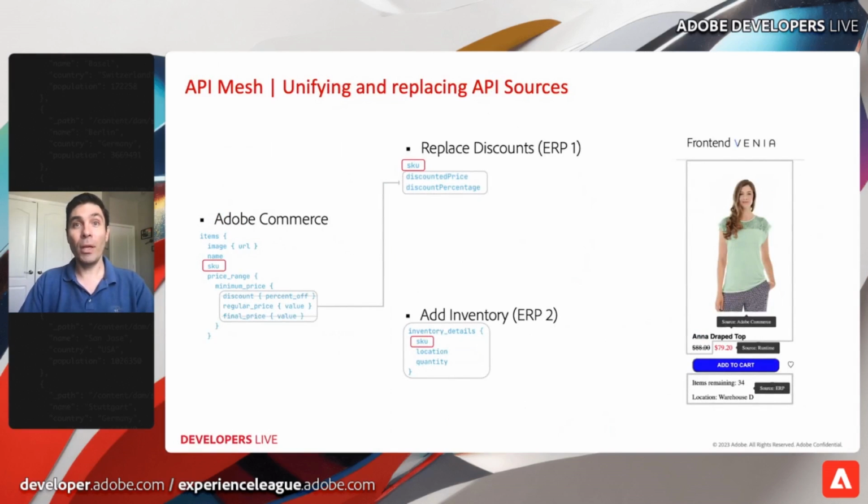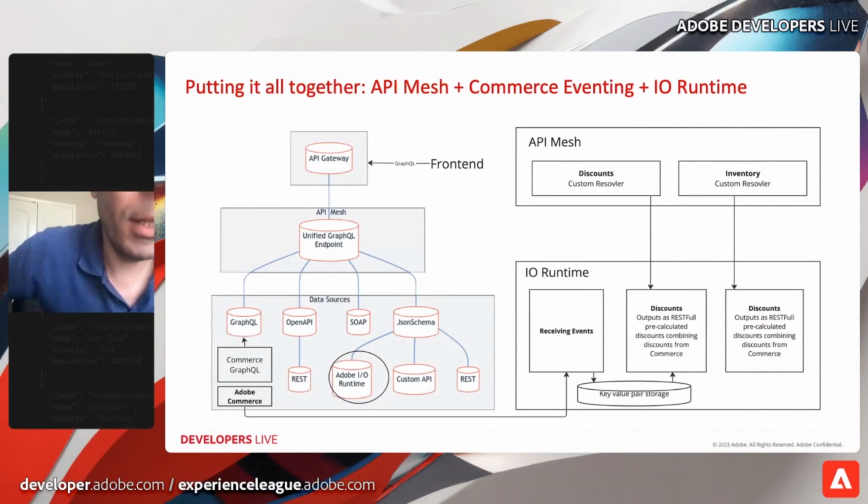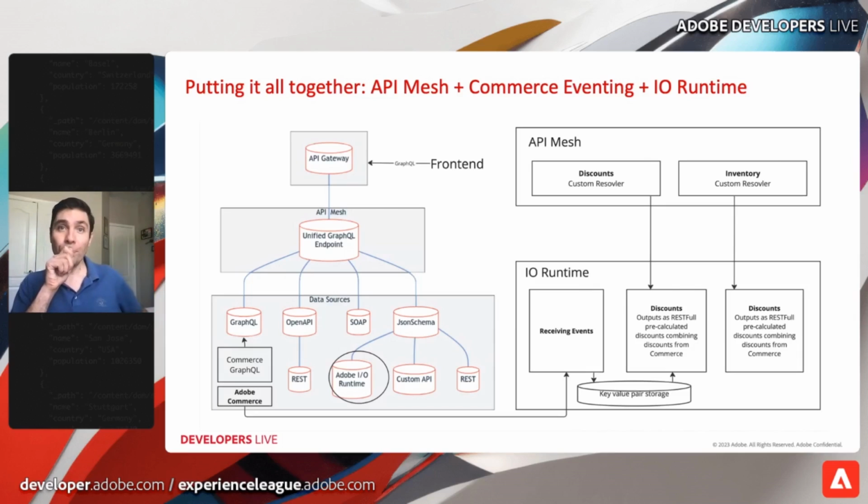So going back to my presentation, there's a system diagram here, which is fairly interesting. This is how it all works. It will use a JSON schema. I have an Adobe Commerce here, which communicates with my eventing, for which I deployed a runtime action. The runtime action receives the event.